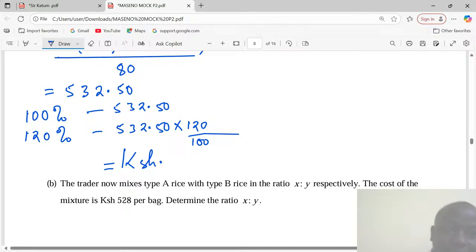This is going to give us 639 Kenya shillings.